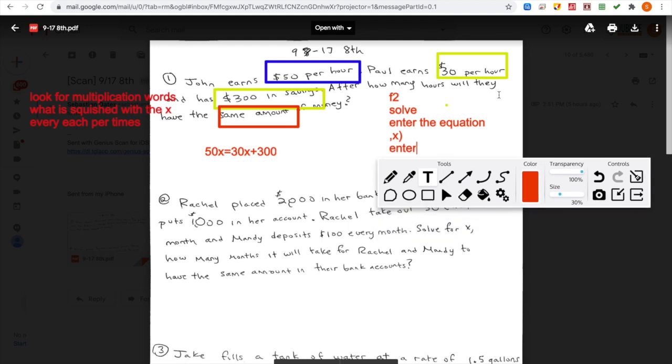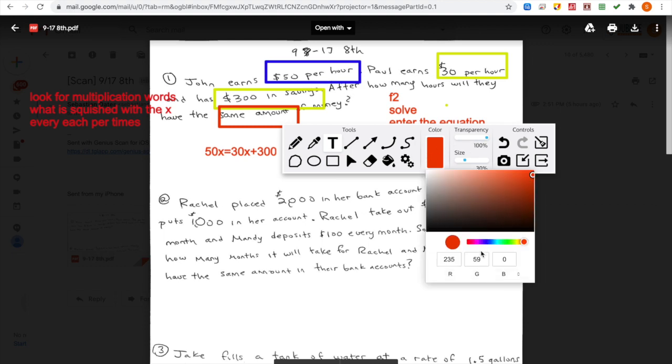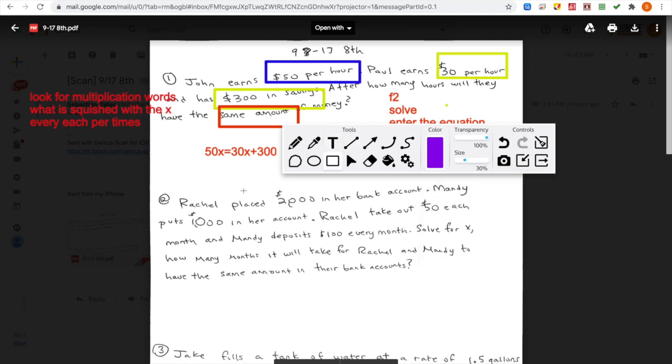So now we're going to go ahead and look at number 2, where we're going to be doing much the same thing. Rachel placed $2,000 in her bank account, and Mandy put $1,000 into hers. So let's change my colors so we can see all the numbers that are going to go with each person. So Rachel has $2,000. Rachel takes out $50 each month.